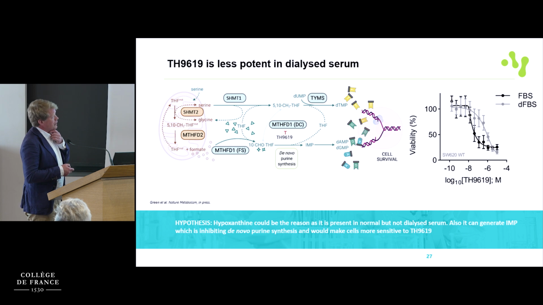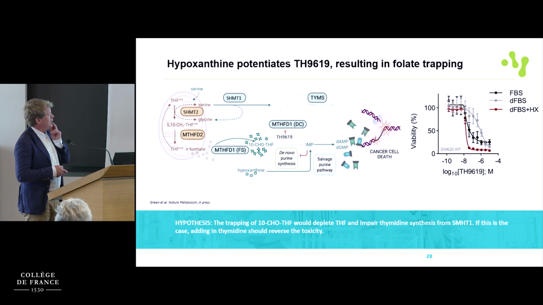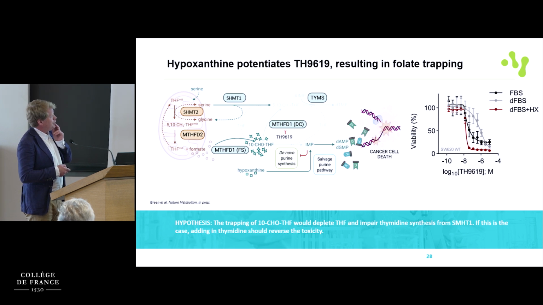So then we played around a little bit and dialyzed the serum. So if we use dialyzed serum, which doesn't contain nucleotides, then now it becomes less efficient. And then we thought, so why could that be? And that could be because in humans, there's hypoxanthine. And if we dialyze the serum, you remove hypoxanthine. So if we add in hypoxanthine, we could resensitize these.